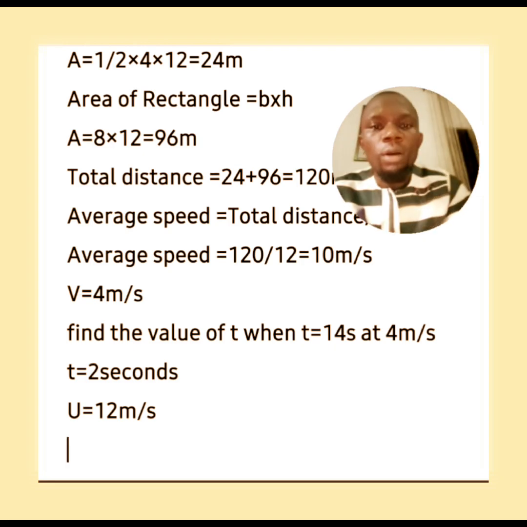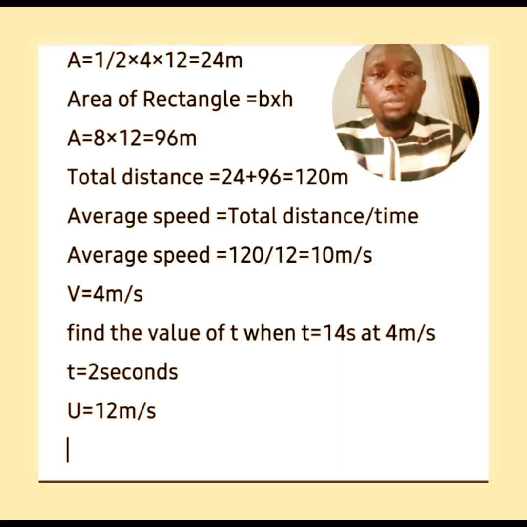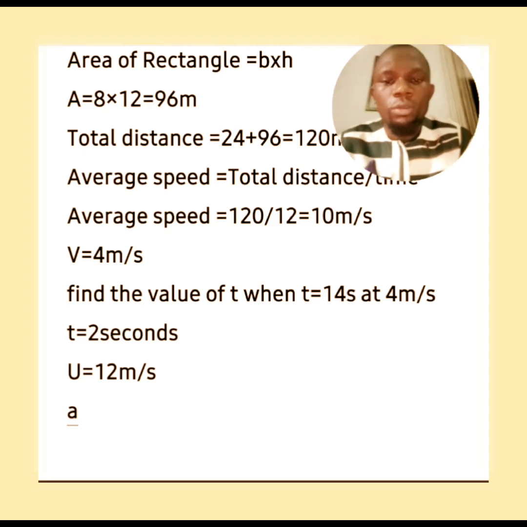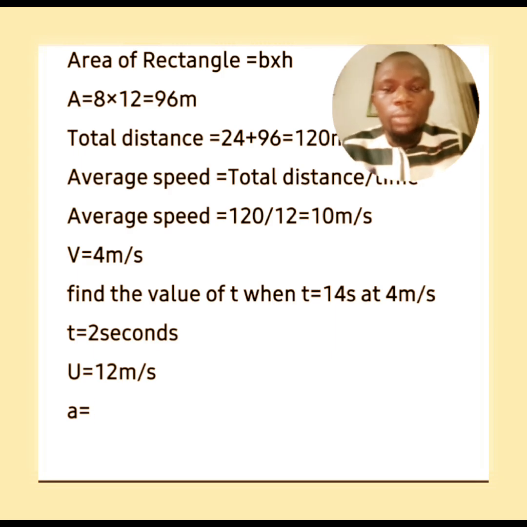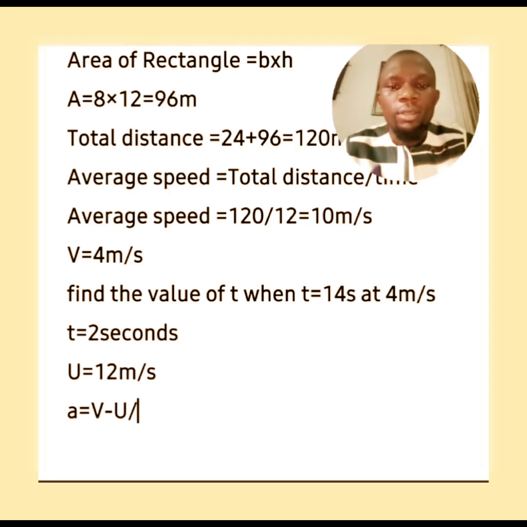what we call retardation. My retardation, which is also called deceleration, is A equals my V minus my U divided by my time, which is t.